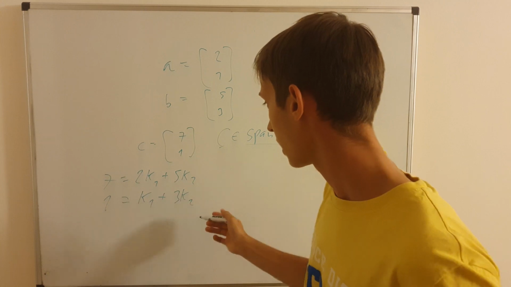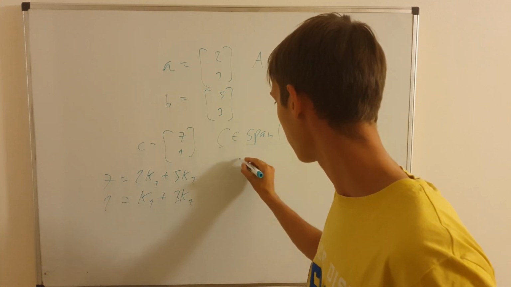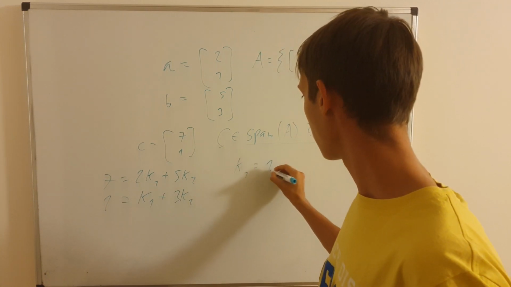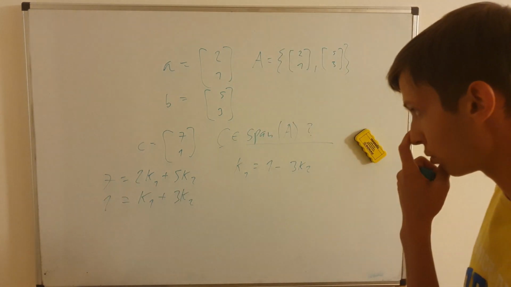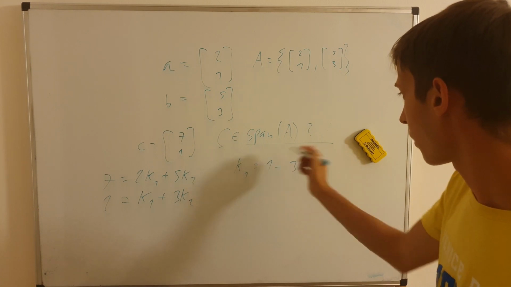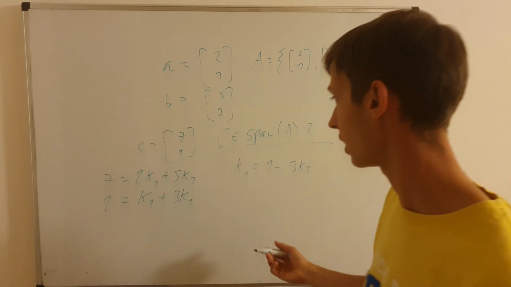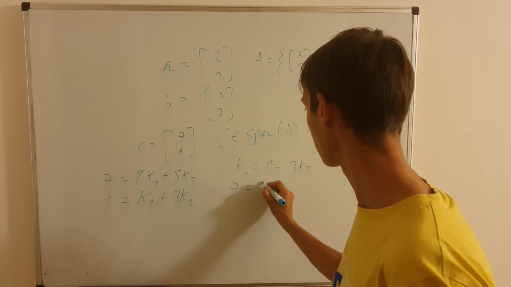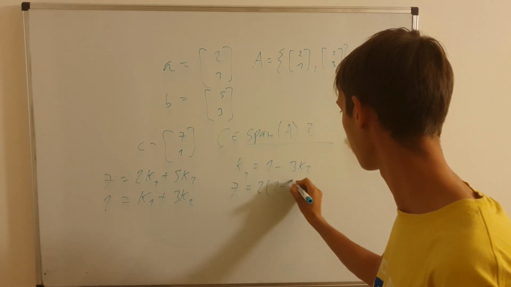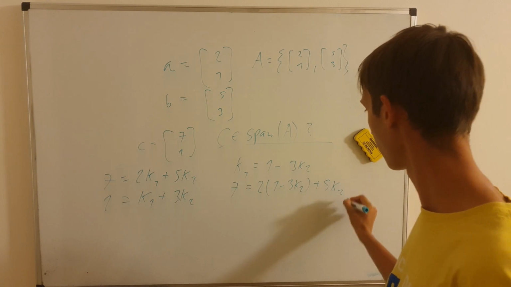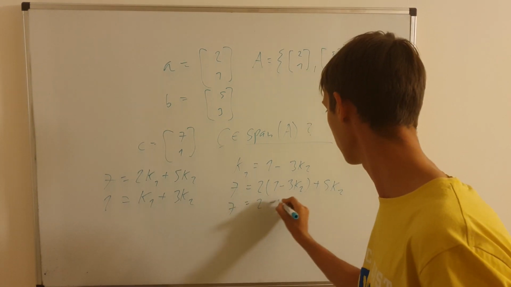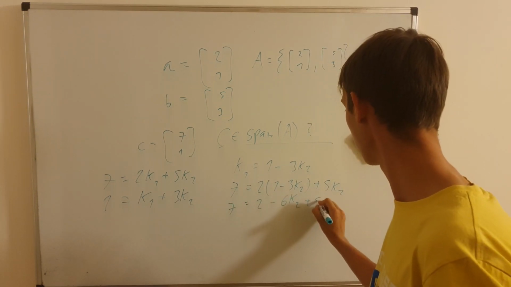First of all, I see k1 here as a unit multiple, so I can say k1 equals 1 minus 3k2 by just subtracting 3k2 to the left side, and I put that k1 value into the first equation to get k2. So 7 will equal 2 times k1, where k1 is this. Usual solution for a linear equation. So what we get is this.